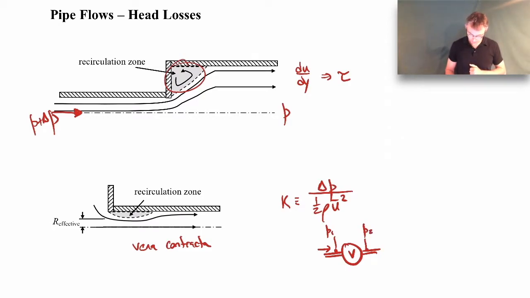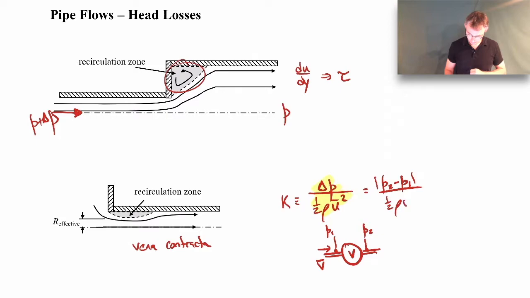We'd measure the average velocity coming into it. And so for a given pressure, we get a certain velocity through the pipe. And then we would plug those values right up into here. Delta P would just be P2 minus P1, and just take the absolute value of that.